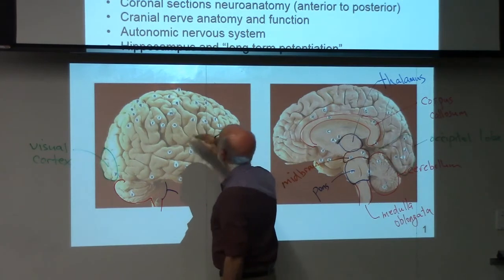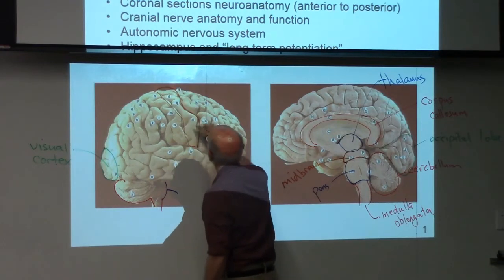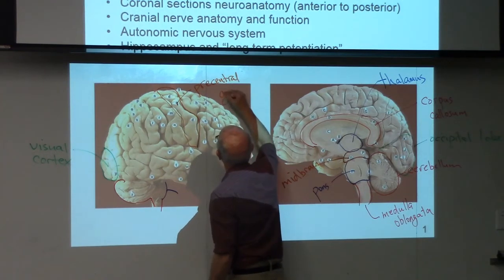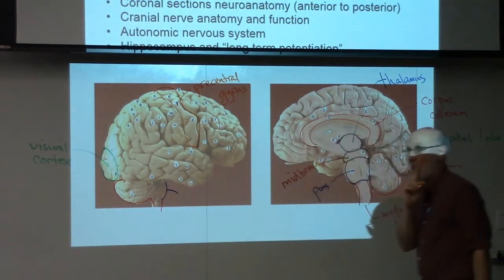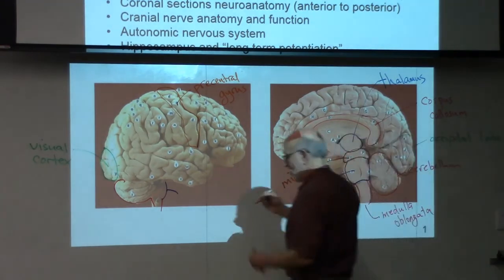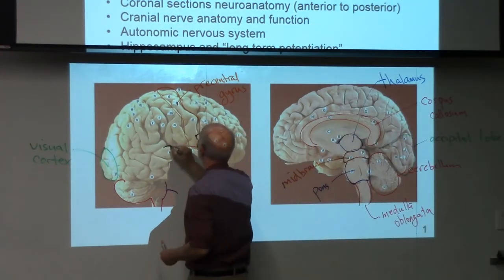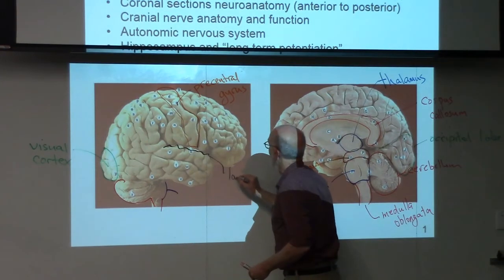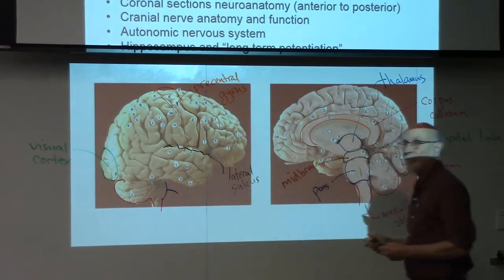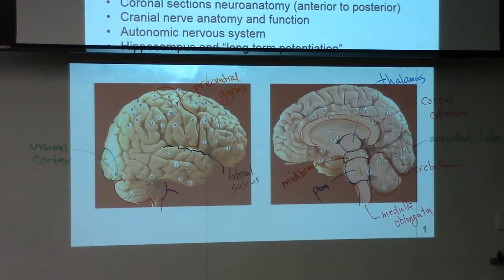This one here? Yeah, that's good. This is the precentral gyrus. The lateral sulcus. The parietal lobe?